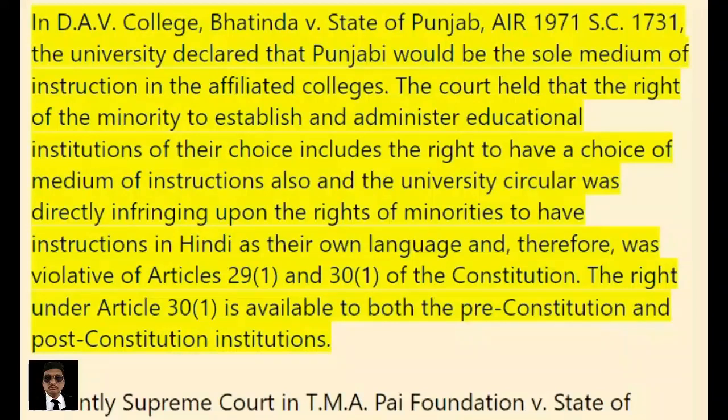The court held that the right of the minority to establish and administer educational institutions of their choice includes the right to have a choice of medium of instruction also, and the university circular was directly infringing upon the rights of minorities to have instruction in Hindi as their own language and, therefore, was violative of Articles 29(1) and 30(1) of the Constitution. The right under Article 30(1) is available to both pre-Constitution and post-Constitution institutions.